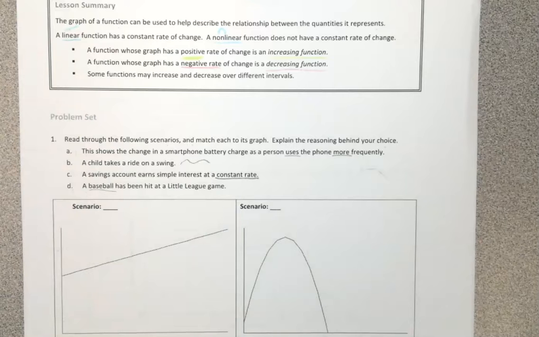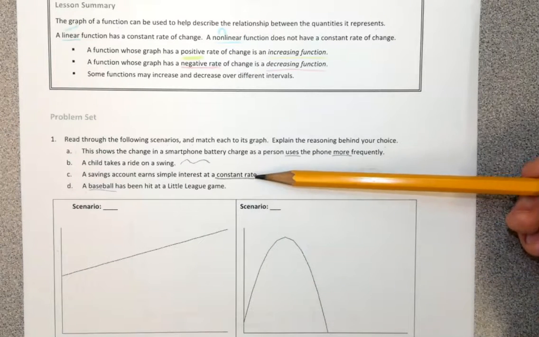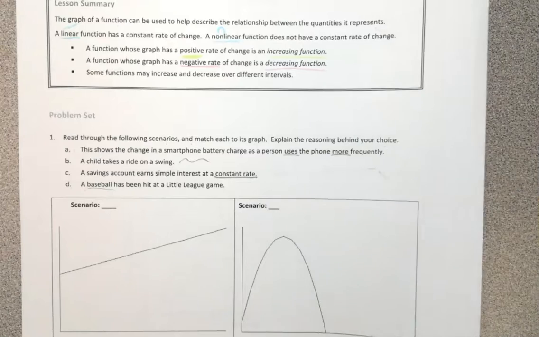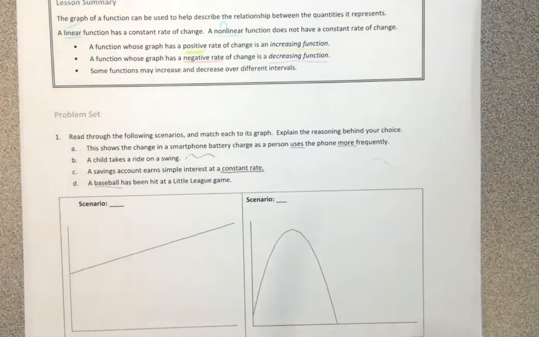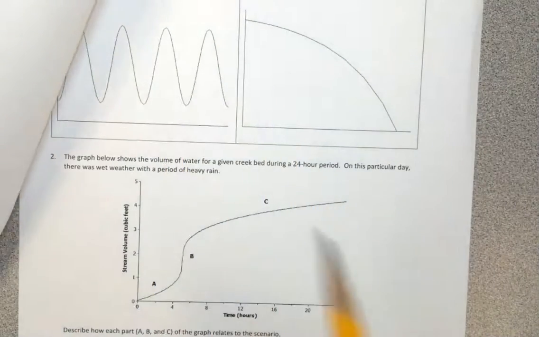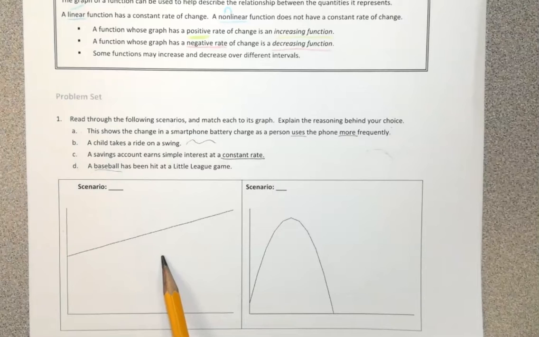So now that I look at these scenarios, I know for a fact that C is going to be a straight line. It's a constant rate. So the first thing I'm going to do is look at my 4 graphs. This one, this one, this one, and this one. And I'm going to see, are any of those a straight line? This one's a straight line. This one is not a straight line.